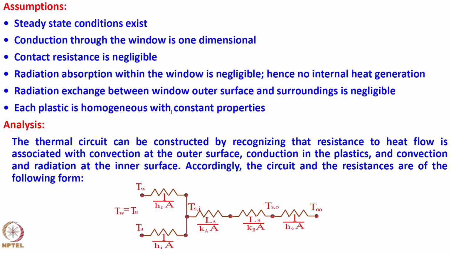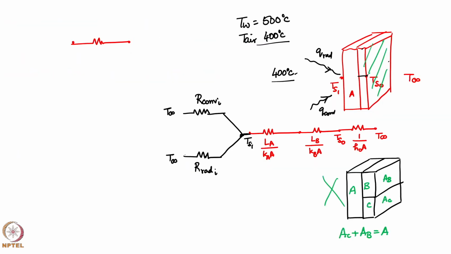I just drew this again for clarity. Everything is T infinity. They are writing it as T wall and T A, both of which are again T infinity, which is T infinity on the inside, which is 400. So, let me change the nomenclature because we have a T infinity here: T air and T wall, both are equal.